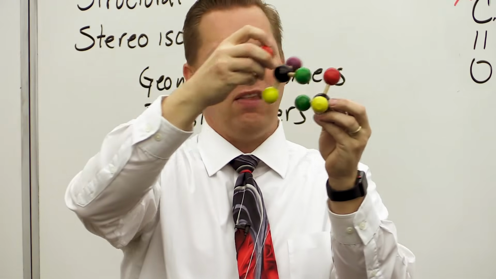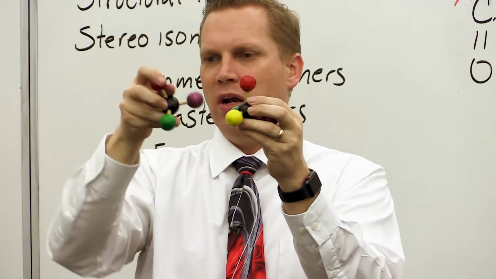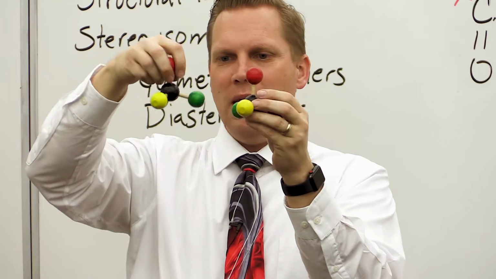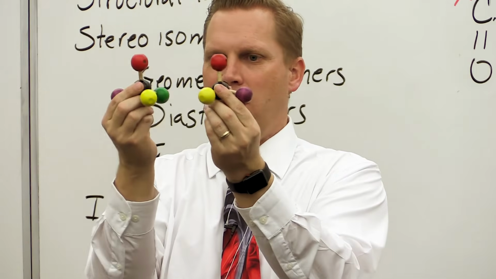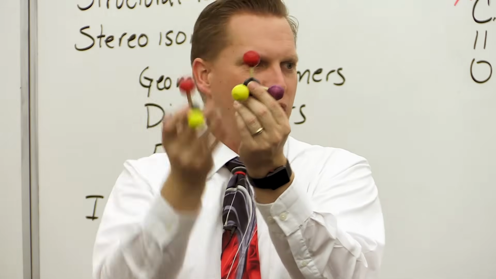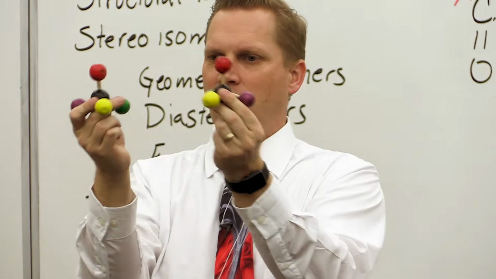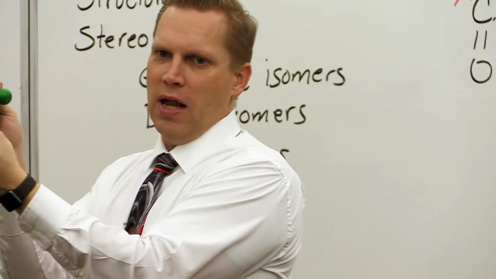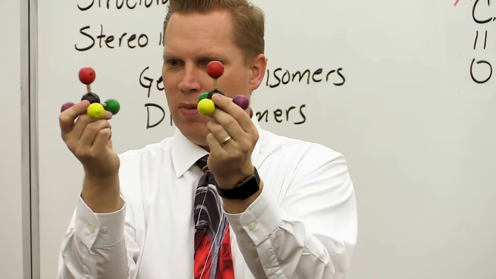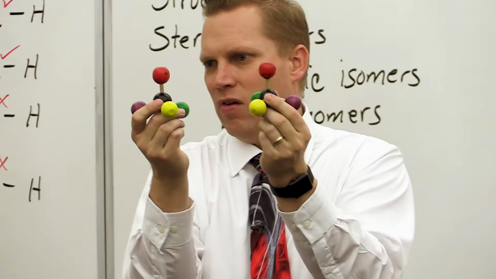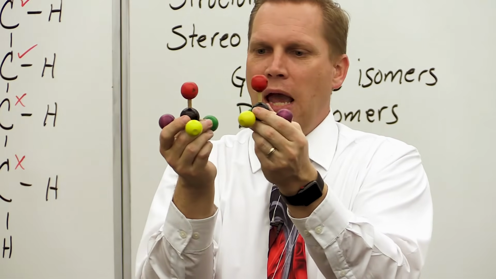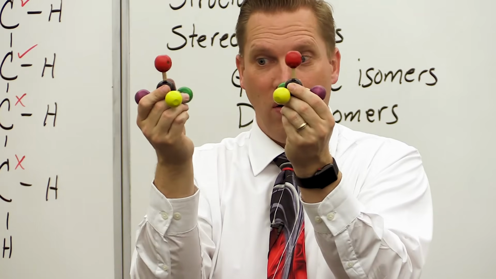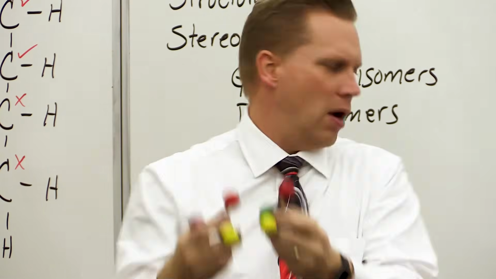And that's what we call a mirrored orientation. When it's mirrored, I can't superimpose them, but I can orient them in such a way that it would look like there was a mirror along that plane. So these 2 would be in a mirrored orientation to each other. One would be R and the other would be S. And so that would be a mirrored pair, is what we call that.